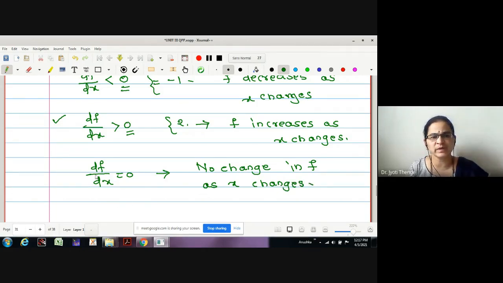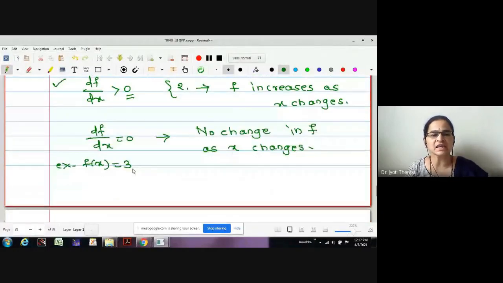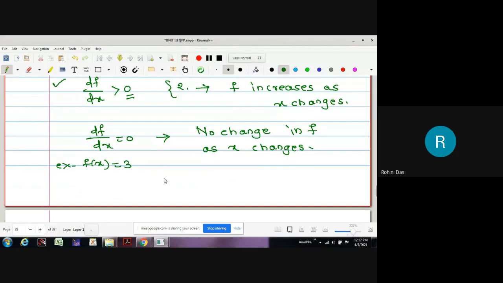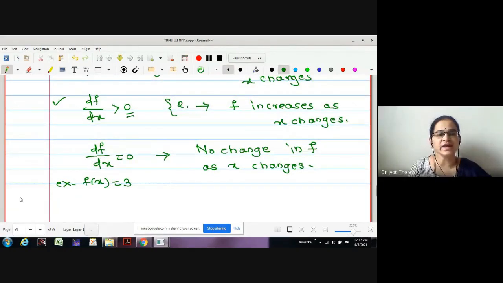If I take f to be a constant function and you change the variable, will there be a change in f? For example, f of x is equal to a constant, say 3. Now change the value of x. Is there a change in the value of f? No, ma'am, there is no change. Therefore, the derivative 0 gives an idea there is no change in f as x changes.